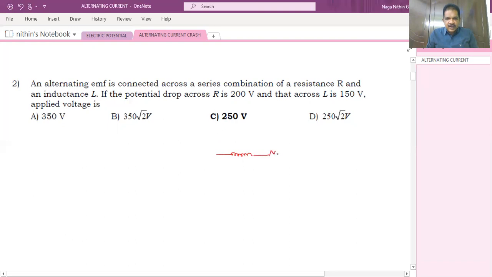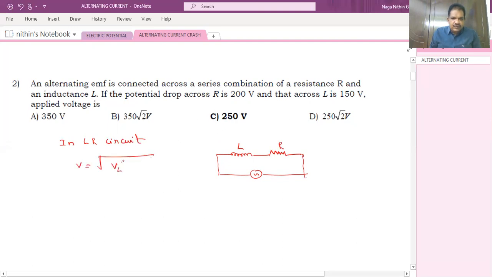This is L, this is R. Both are connected to an AC source. In an LR circuit, V is equal to square root of VL square plus VR square.